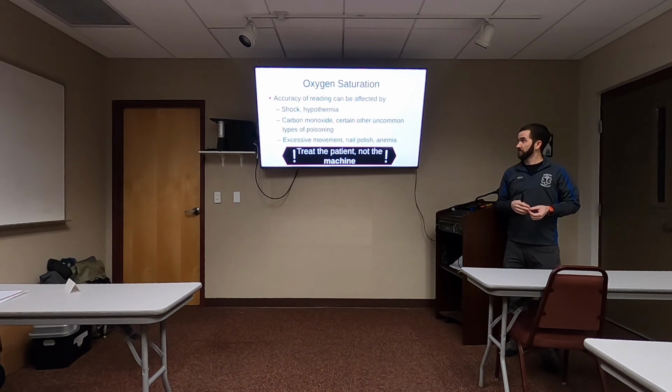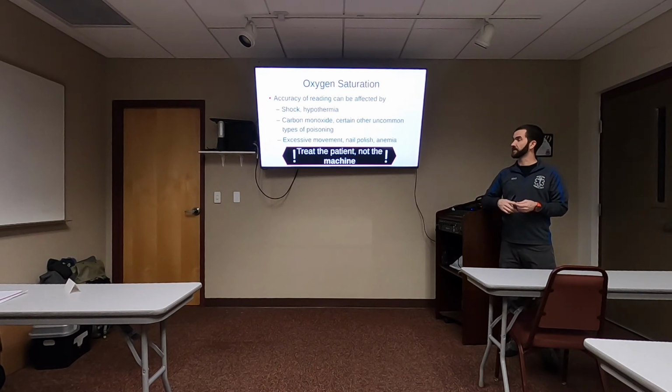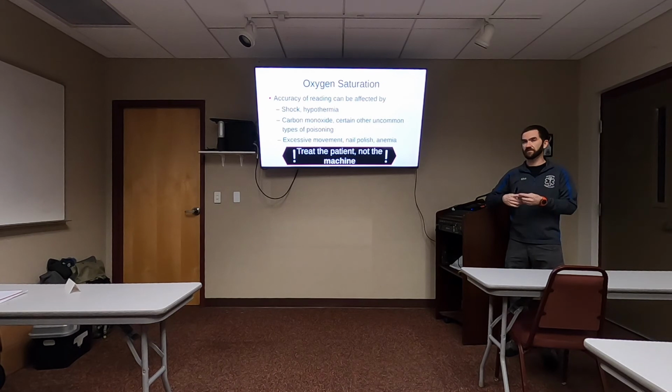Our big fancy $30,000 cardiac monitors actually can tell the difference between CO and O, and will actually give you a reading on how much CO is in a patient's blood. So that's pretty handy.